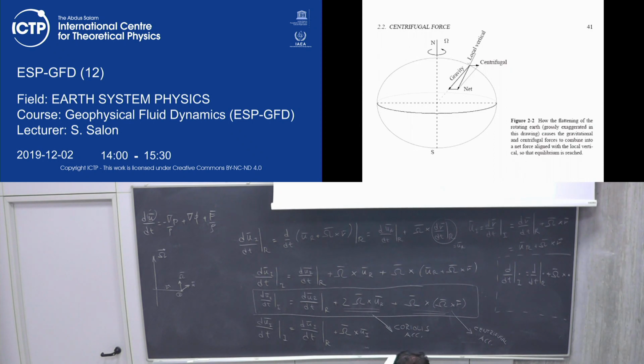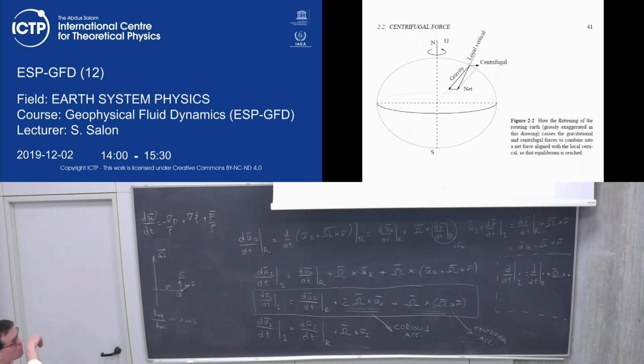Actually, if we calculate for our planet, we have that the radius at the equator over the radius at the poles is about 1.003. So it is 3 parts per thousand. Not so much, of course.